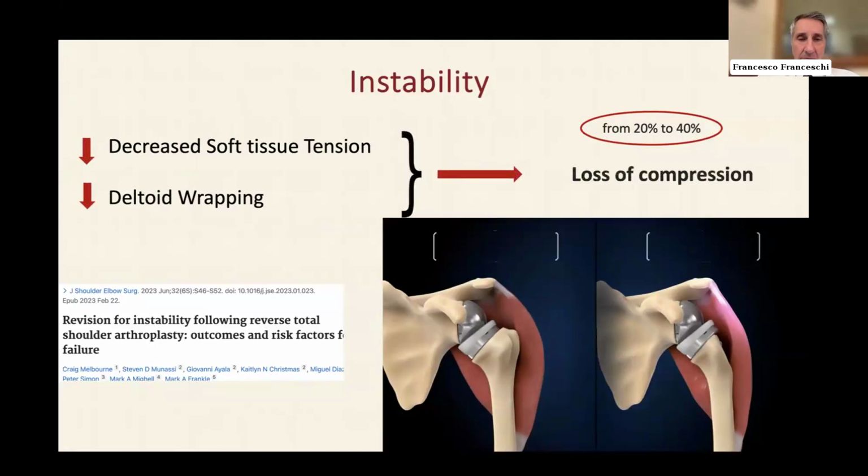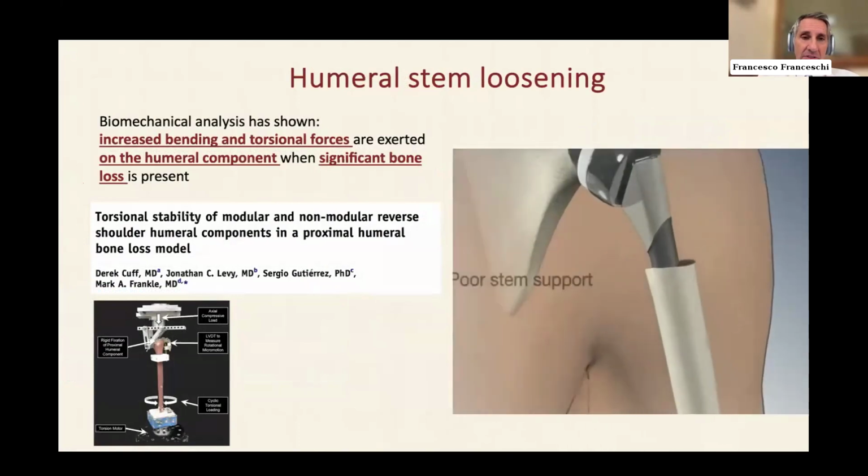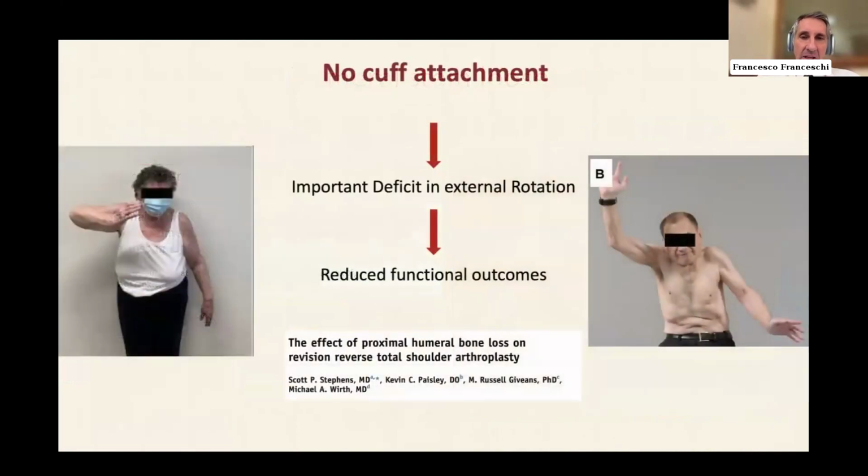Next, humeral stem loosening can cause increased bending and torsional forces that are exerted on the humeral component when significant bone loss is present. No cuff attachment means that the patient can have an important deficit in external rotation and reduced functional outcomes.